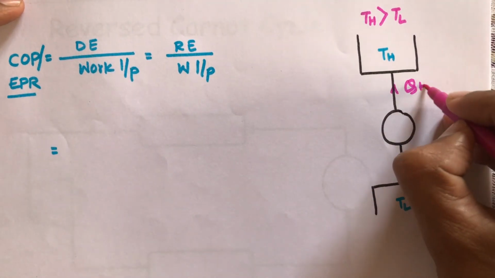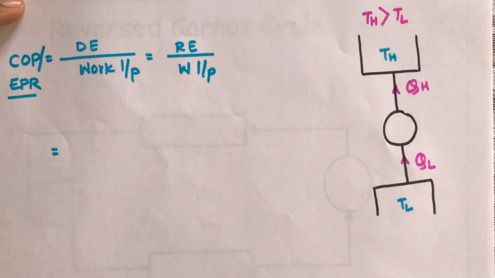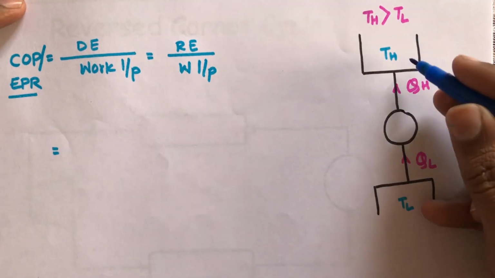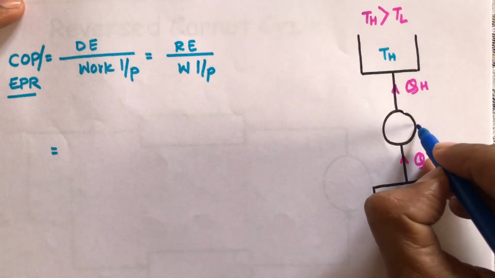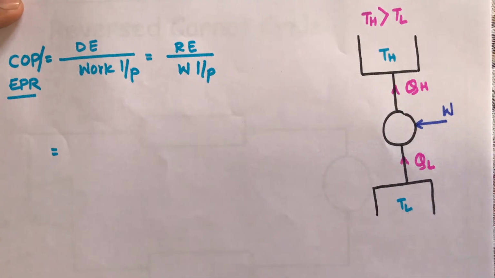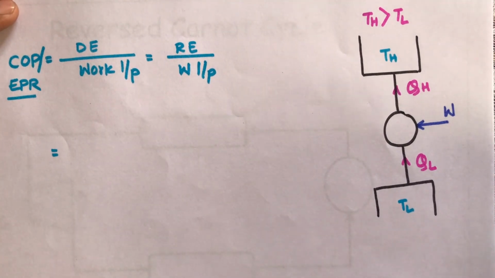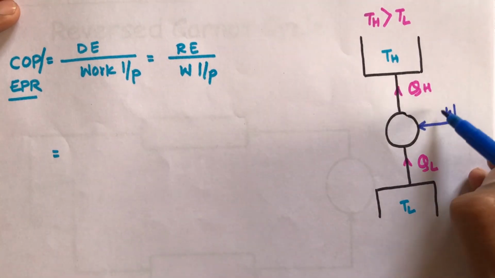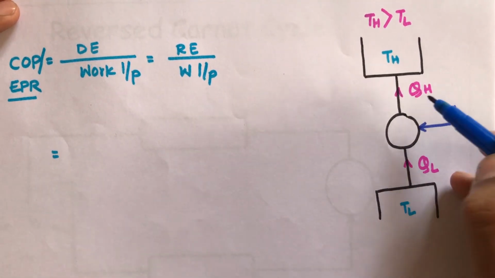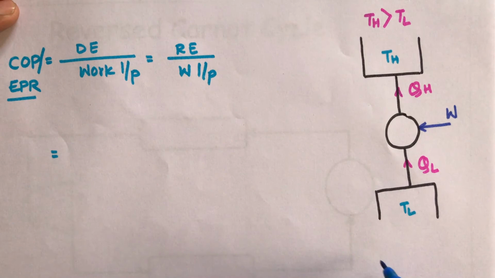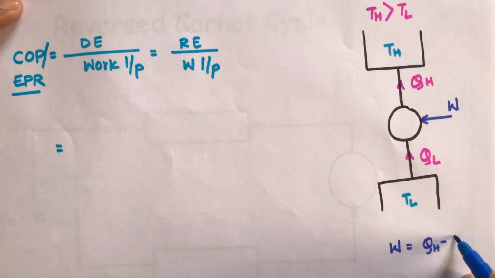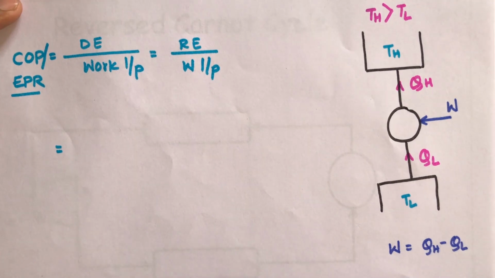But naturally we cannot transfer heat from the low temperature reservoir to the high temperature reservoir, so I have to supply some amount of work. Let us say this is W. Now, in order to calculate the value of W, I need to apply the energy balance equation, and from that I get W equal to QH minus QL.